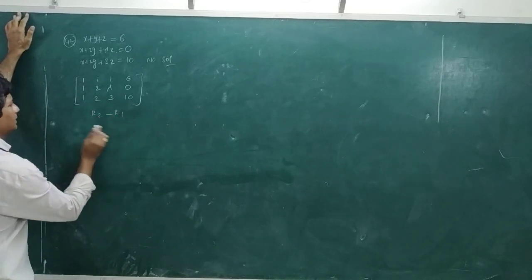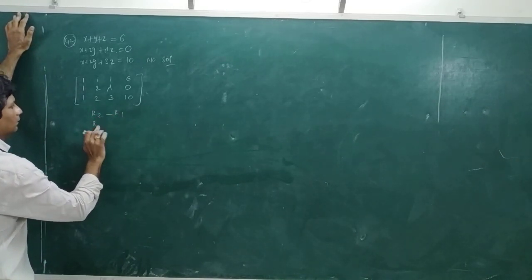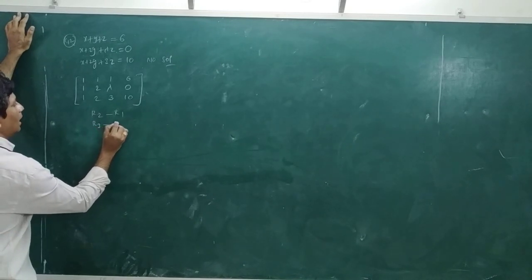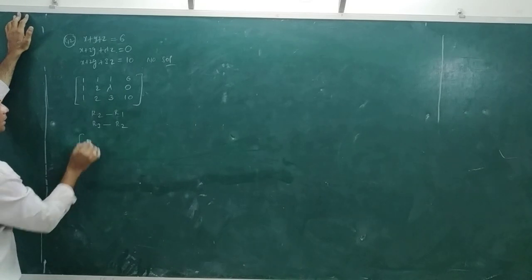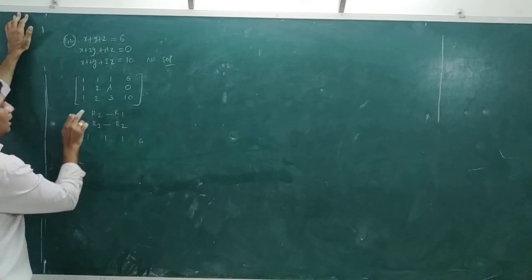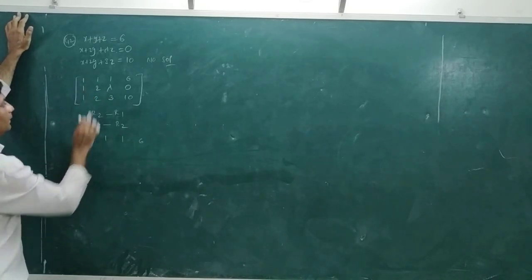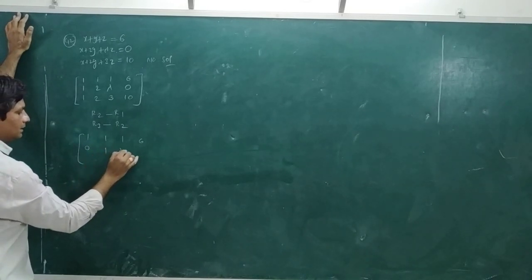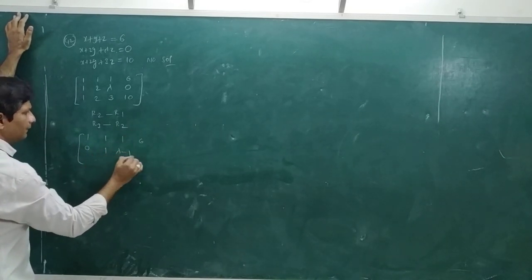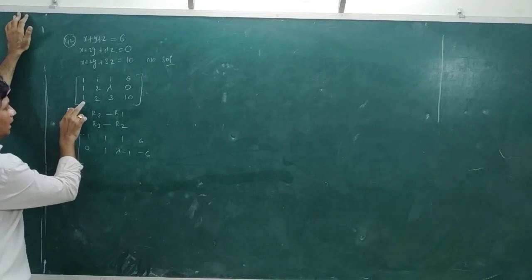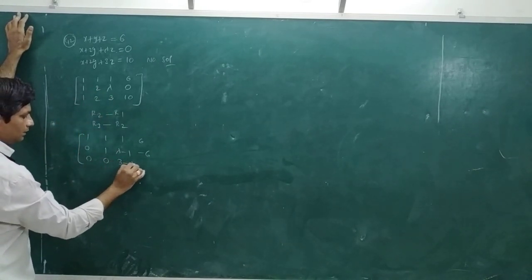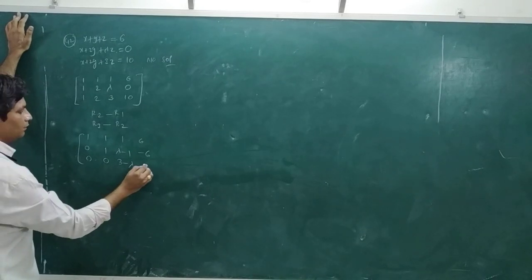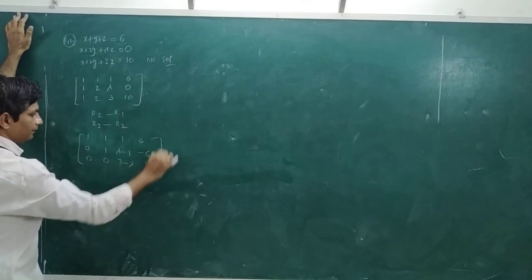Applying R2 implies R2 minus R1 and R3 implies R3 minus R2. So row 1 is 1 1 1 6. R2 minus R1 gives 0, 2 minus 1 is 1, lambda minus 1, and minus 6. R3 minus R2 gives 0, 2 minus 2 is 0, 3 minus lambda, and 10 minus 0 is 10. Next.